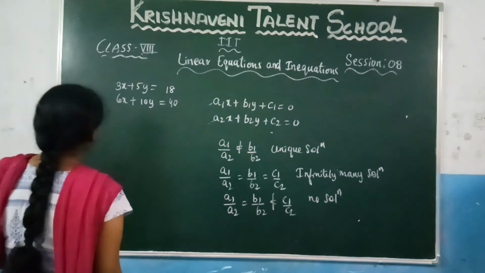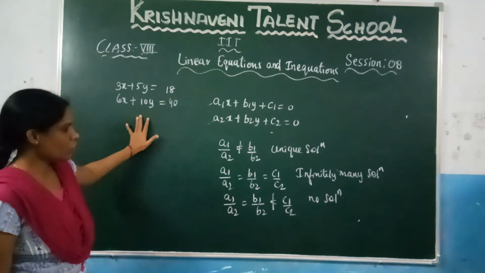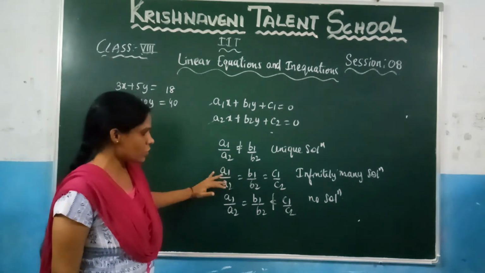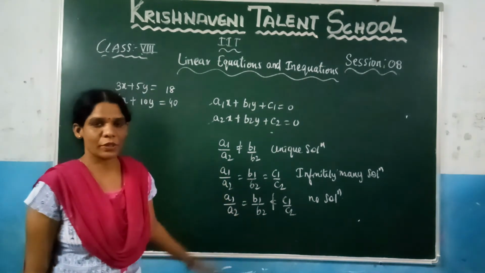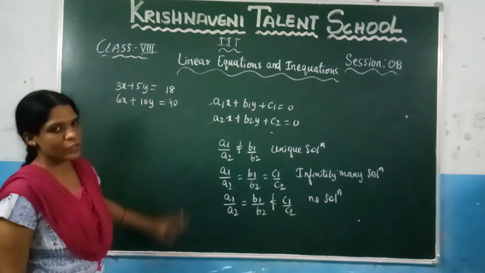If you want to say whether these equations have a unique solution or infinitely many solutions or no solution, you need to take the ratio of a1 by a2, b1 by b2 and c1 by c2.